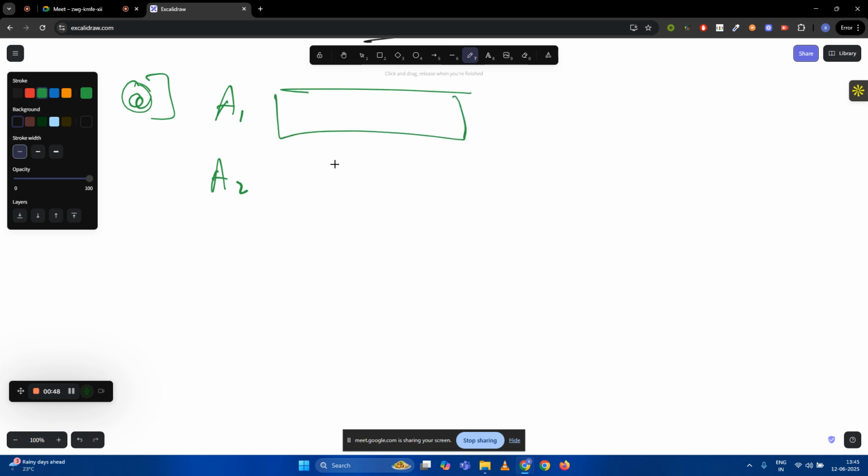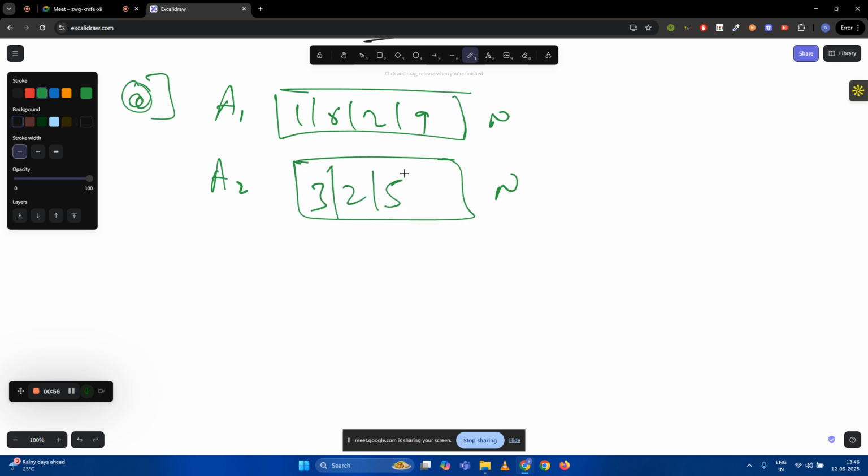of both size n. Take A1, let's say 1 6 2 9, and A2 as 3 2 5 1. Now you can rearrange both the arrays according to yourself, but what you have to maximize is the summation after rearranging.